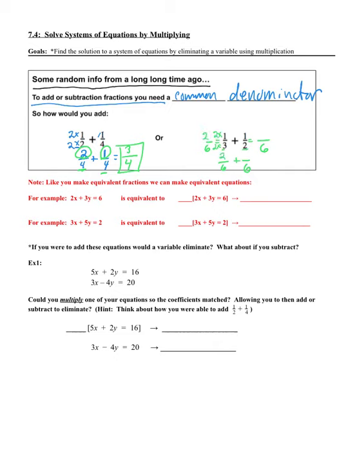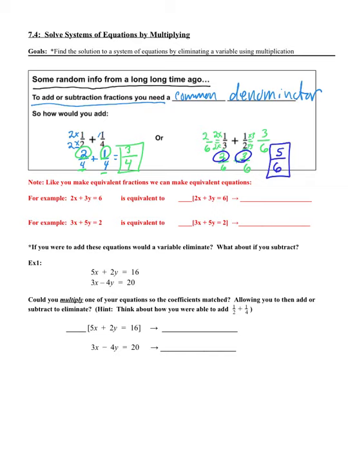So I have 2/6. And then here, I have to multiply both the numerator and the denominator by 3. Again, we're going to apply our rules for adding fractions. 2 plus 3 is 5, and then we keep the denominator. So we have 5/6.